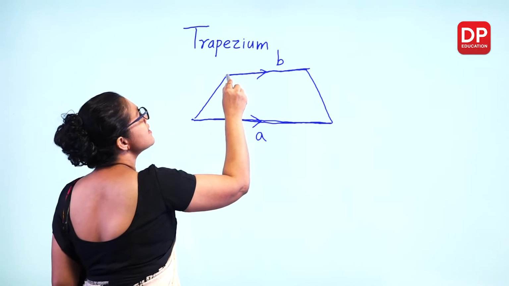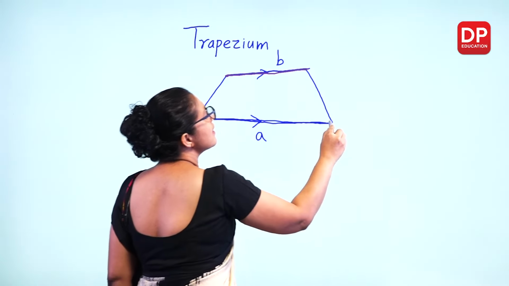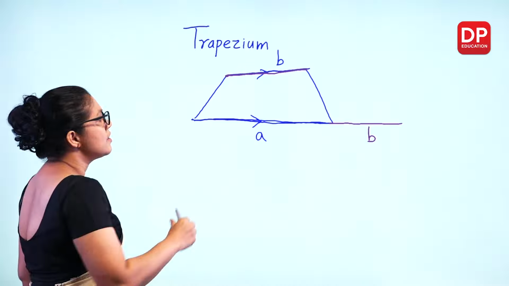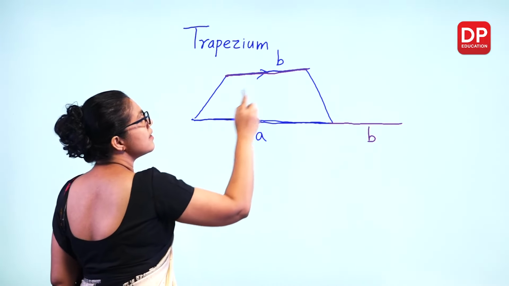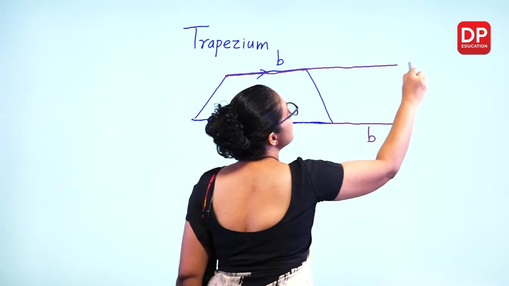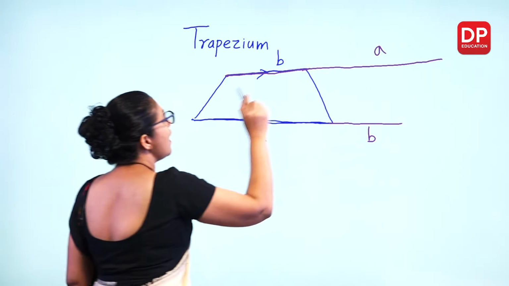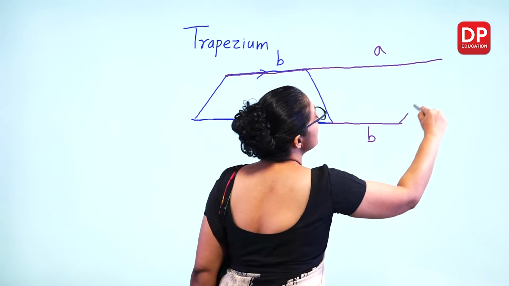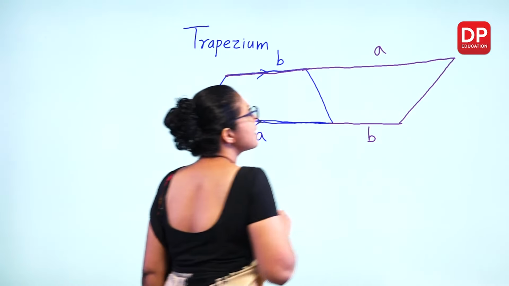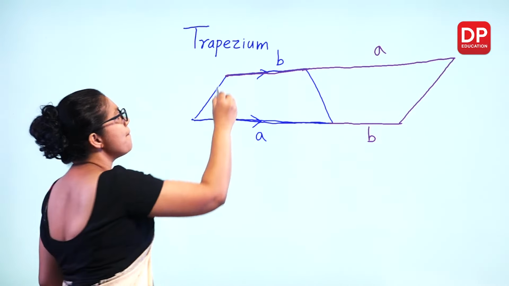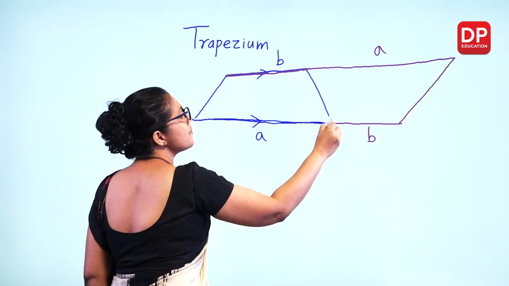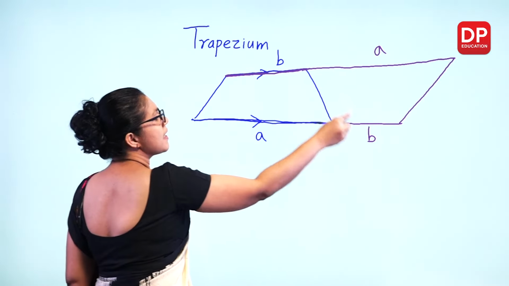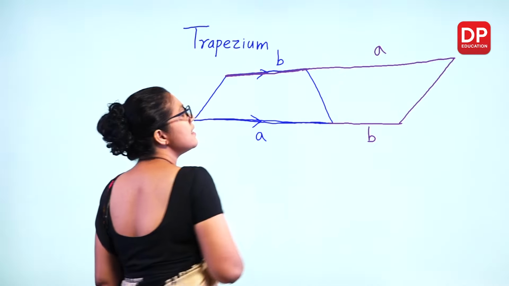So this length comes here, and you get B length here. And then this one comes to this side. So here you get something like this. Same trapezium, I drew it here upside down. So this length becomes this one, this length becomes this one.